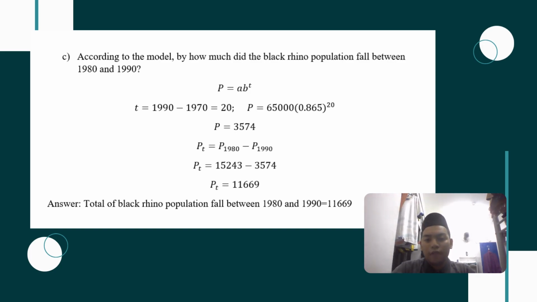After inserting all the values, we found that the population of black rhinos in 1990 is equal to 3,574. Now, to find the population fall, just find the difference in population between 1980 and 1990. The population fall between 1980 and 1990 is equal to 11,669.